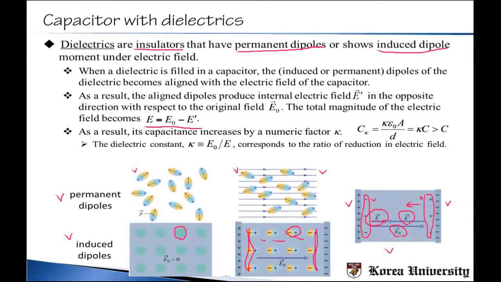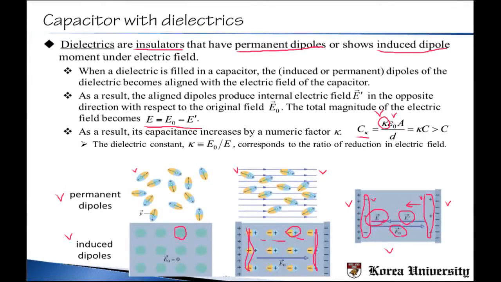But the effect is that you actually have to multiply by some constant when you calculate the capacitance. It is not actually changing the constant epsilon naught itself, because epsilon naught is a really fixed number. You cannot change this constant, but effectively you can multiply by a certain number which is larger than 1.